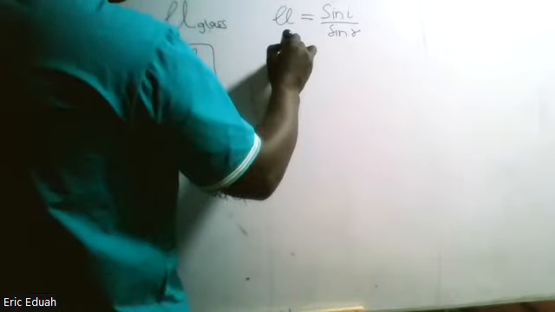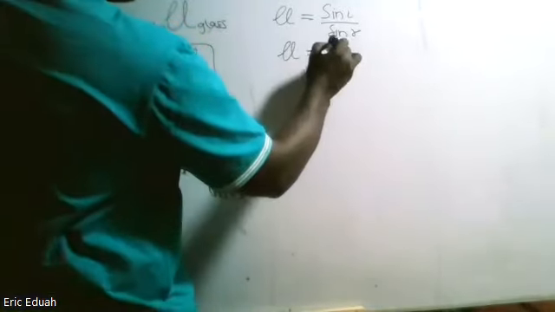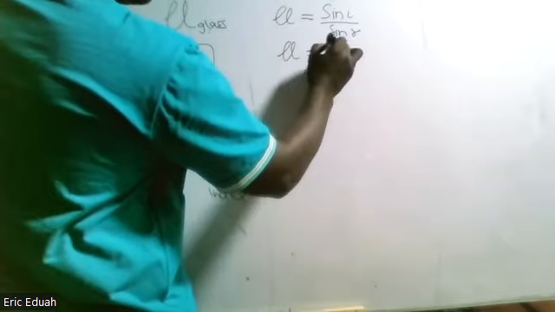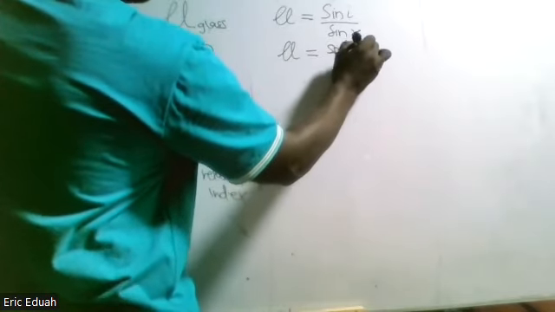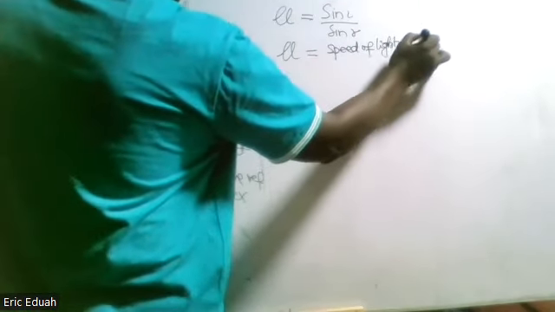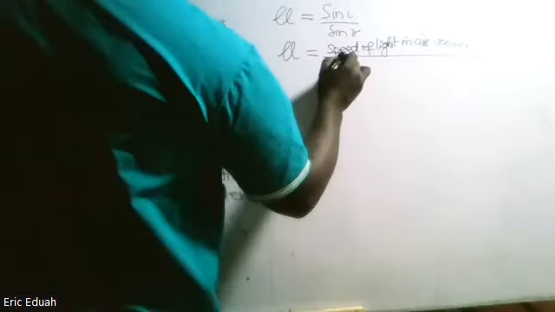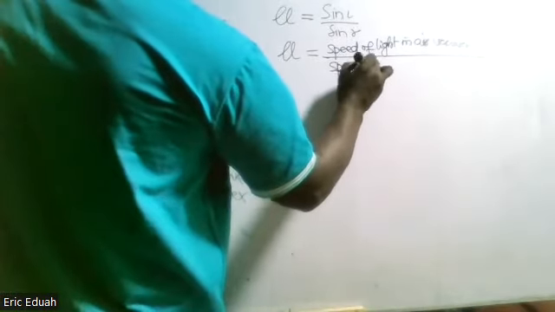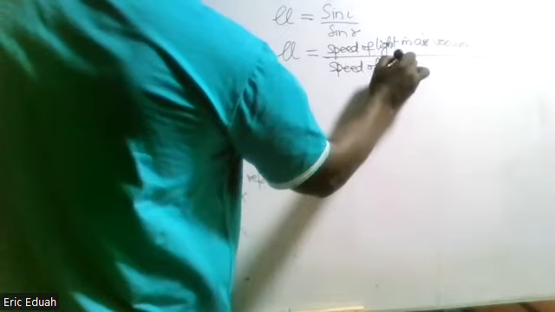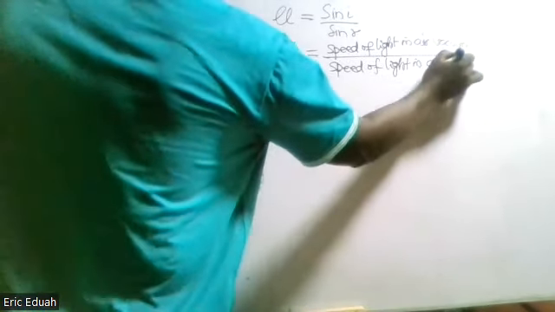The same absolute refractive index can also be expressed as the speed of light in air or vacuum over the speed of light in a material.